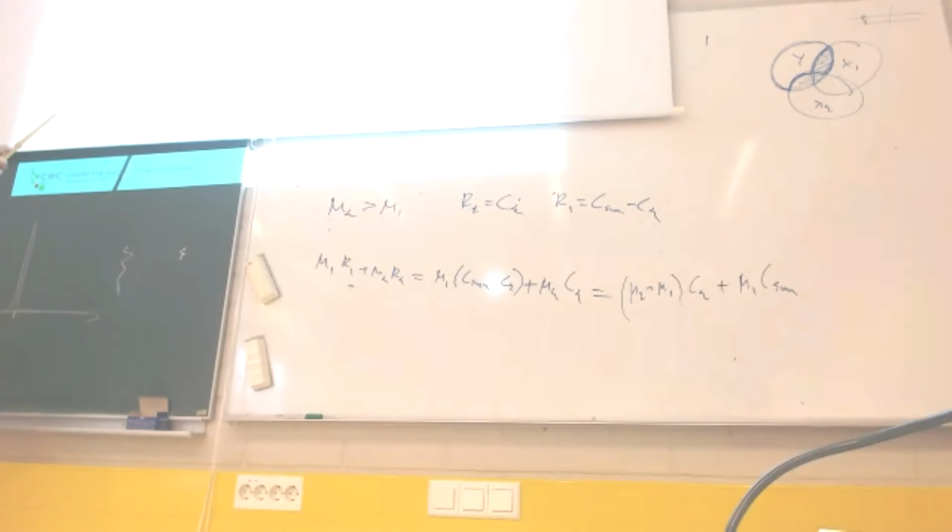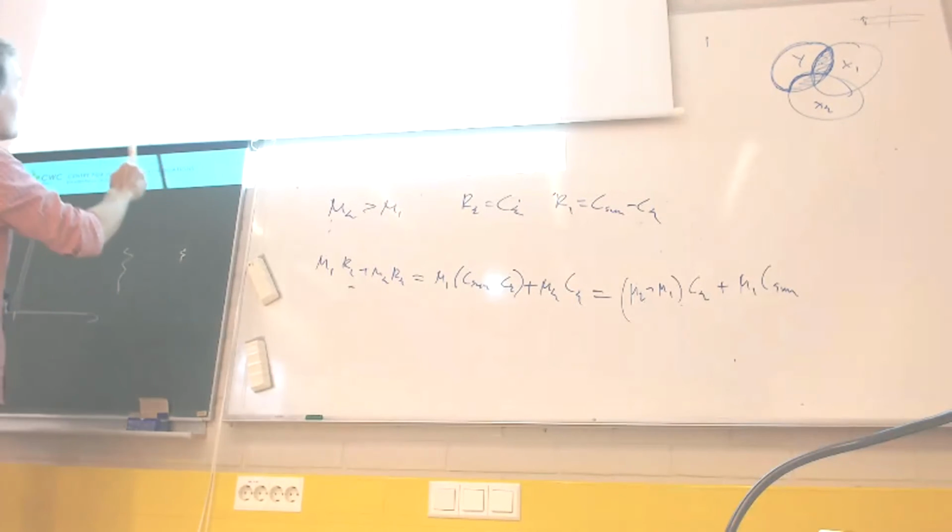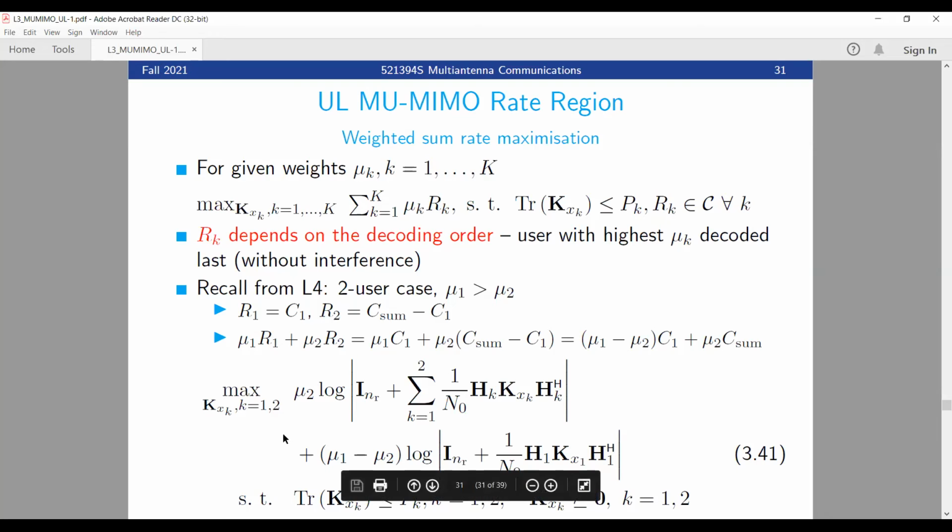So we have in this particular case the weighted sum rate: mu2 times C sum, this is some expression here, plus mu1 minus mu2 times the single user expression of user 1. And here we have a concave objective, right? This is concave with respect to both kx1 and kx2.